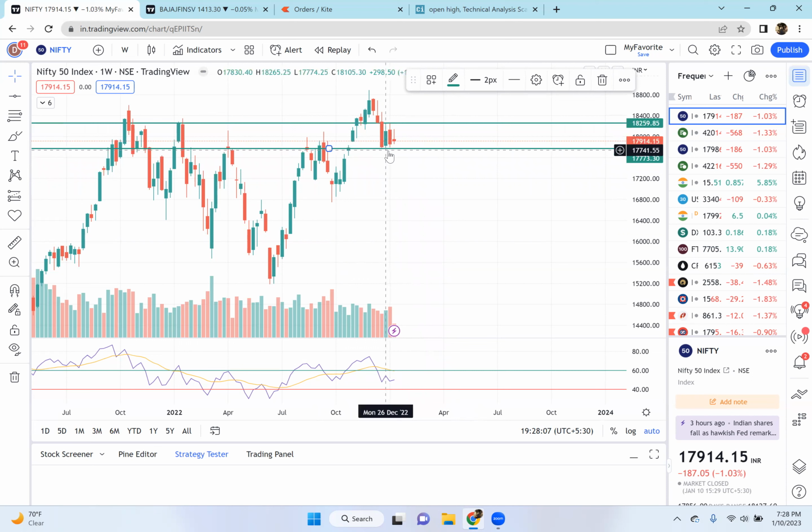Right now, we have got the setup. If either side is broken on Nifty, we should see a move. I have to mark the high and the low of this candle, this candle range. Just give me one second.